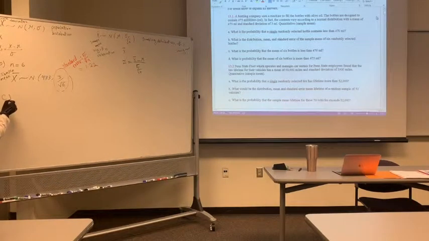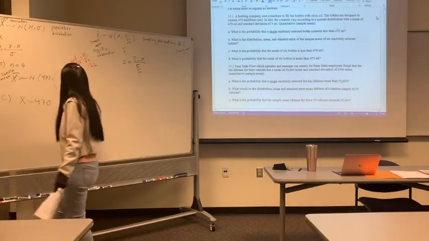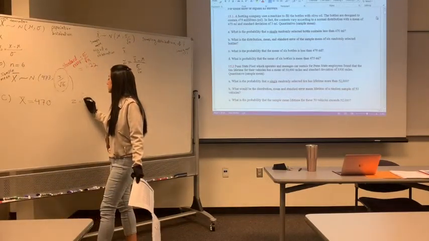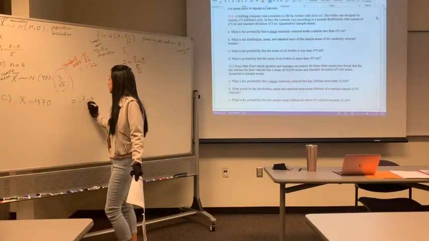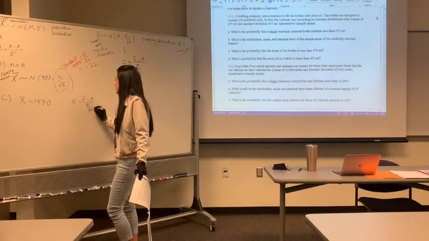In part A, we started with x equal 470, correct? But here, because they are talking about the average of 6 bottles, we start with xbar equal 470. For this xbar, we should find the z value, which is xbar minus mu divided by sigma over square root of n.